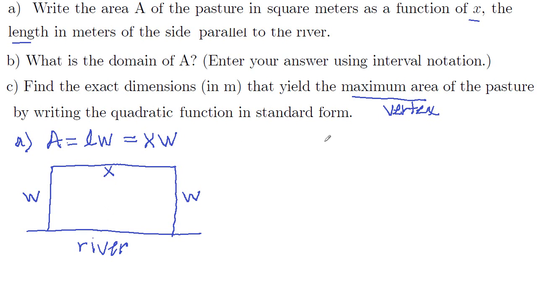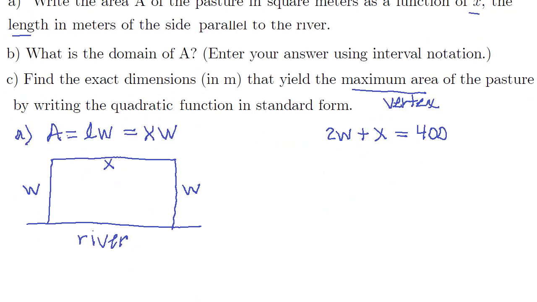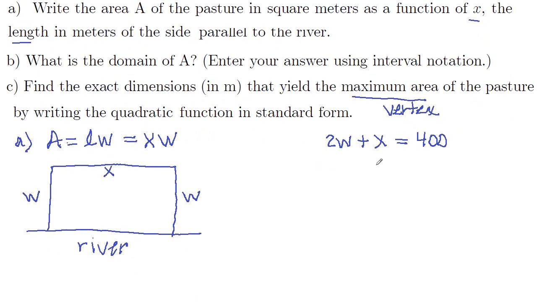So we are given here that 2w plus x is equal to 400, because they told us here 400 meters of fencing. So then that means that we bring the x over as a negative.